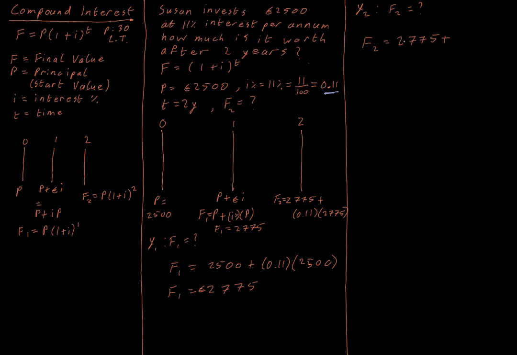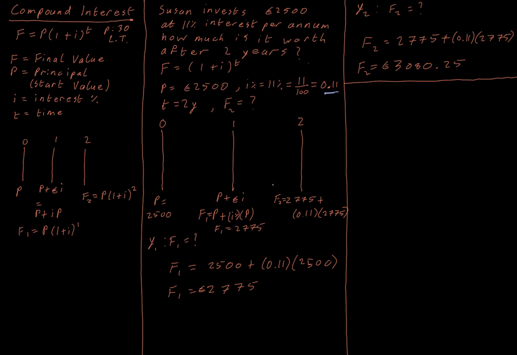So our principal for year 2 was our final value for year 1 plus our interest, 2775. And when we do that, we get final value at the end of year 2 is 3080.25 euro. So that's how we can structure our question.